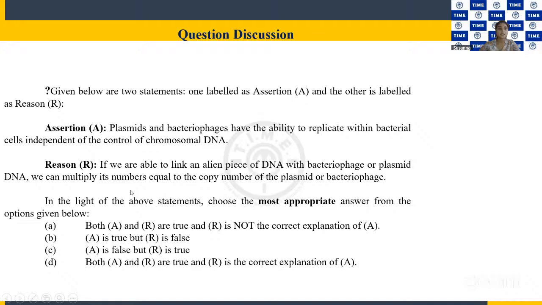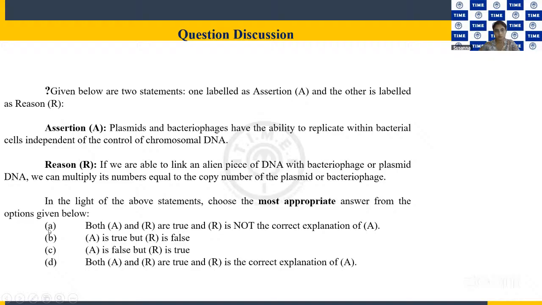And the reason is: if we are able to link an alien piece of DNA with bacteriophage or plasmid DNA, we can multiply its numbers equal to the copy number of the plasmid or bacteriophage. In the light of the above statements, choose the most appropriate answer from the options given below.